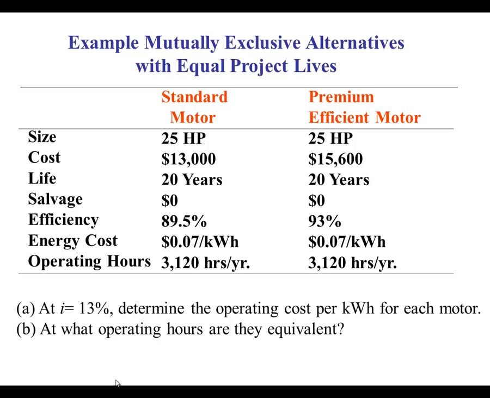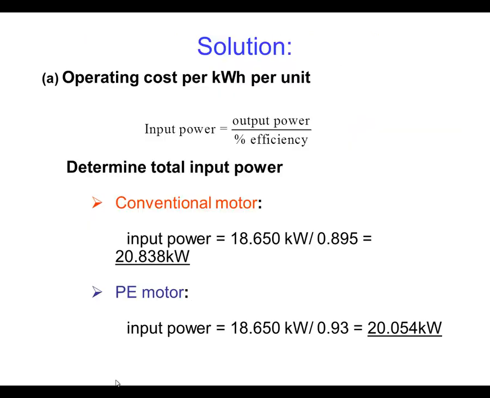Whether we buy the first or the second, the purchased motor needs to operate for 3,120 hours per year, and the energy cost is $0.07 per kilowatt hour. Now with 13% interest, we need to calculate the operating cost for each motor, then compare the options and select the proper motor that needs to be used.